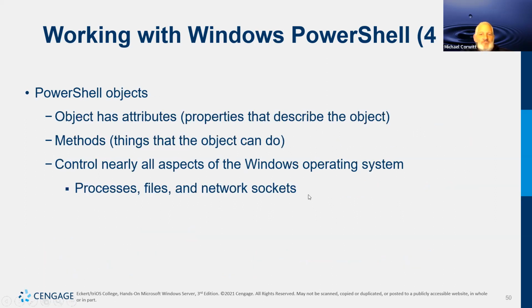Working with PowerShell objects: a PowerShell object has attributes, properties that describe the object, and methods, things that the object can do, and they control nearly all aspects of the Windows operating system, processes, files, and network sockets.